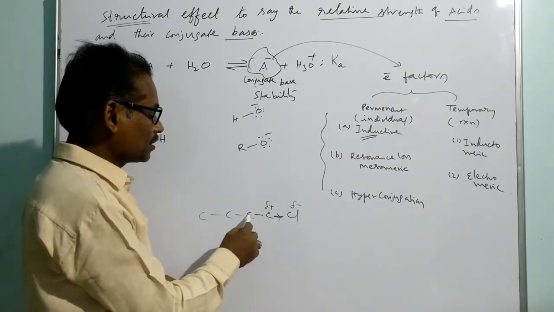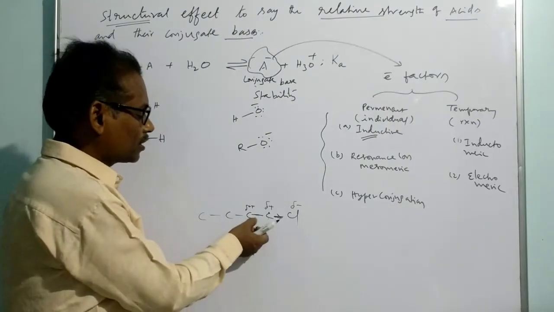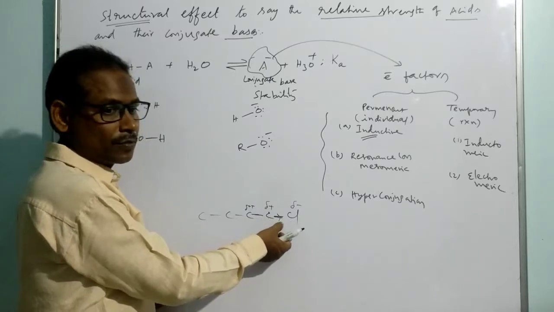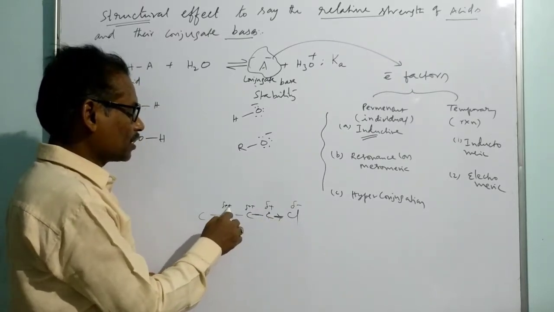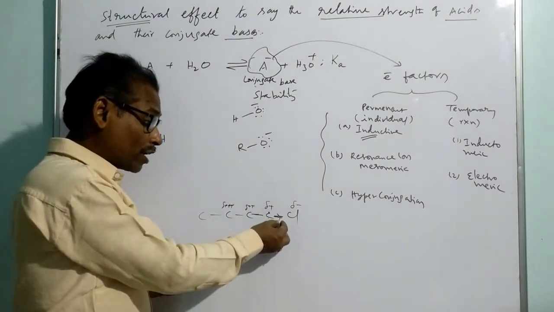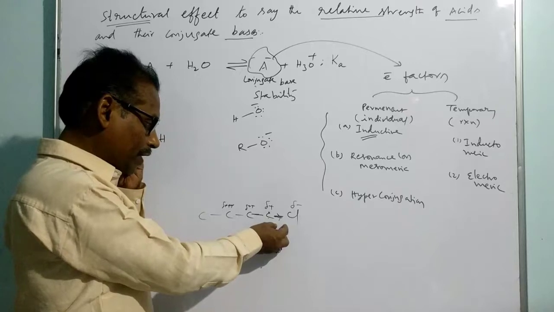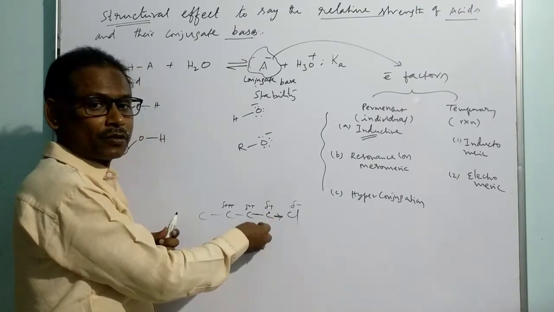So this is also slightly polarized, but the polarization of this bond is less compared to this bond. And the polarity of this bond will influence the polarizing of the adjacent bonds. In this manner, the polarization of a particular bond has an impact in polarizing its adjacent bond.